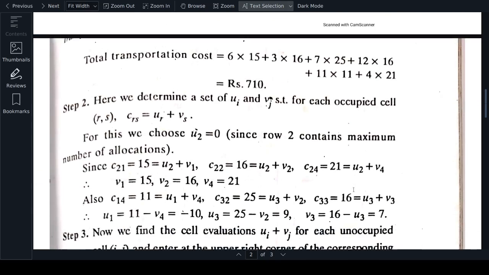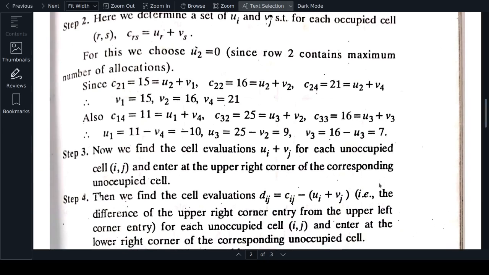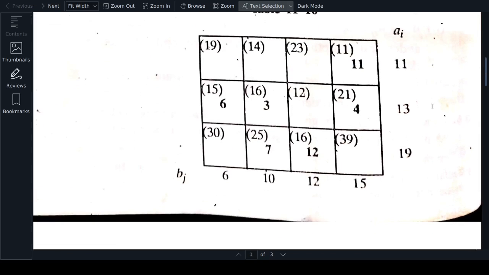From the table. After solving by the table method, we get this table, right? So from this table, which cell do we say is an occupied cell? Because without knowing the occupied cells, we cannot put the values.